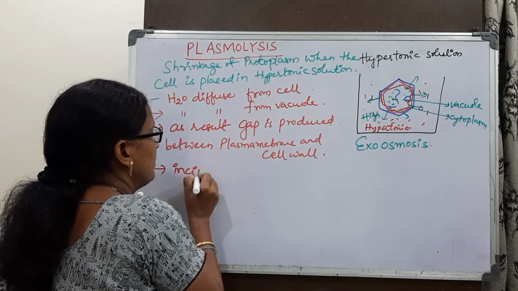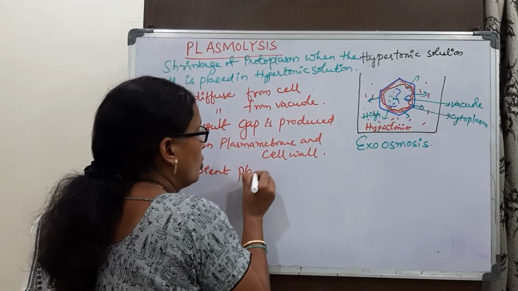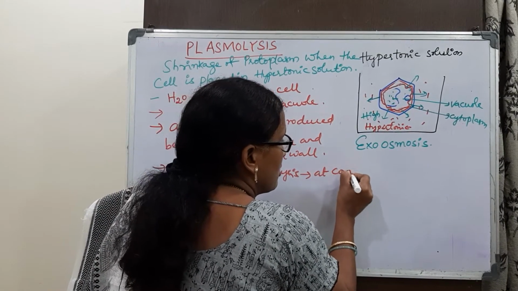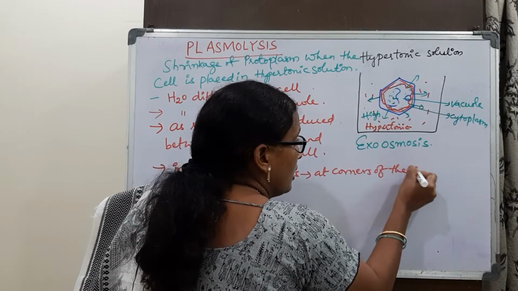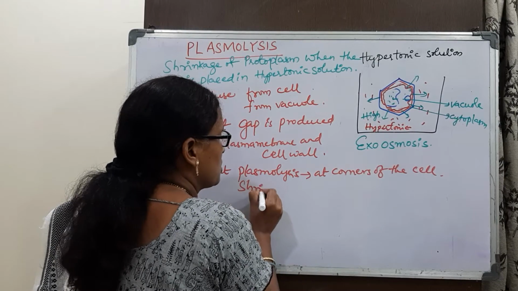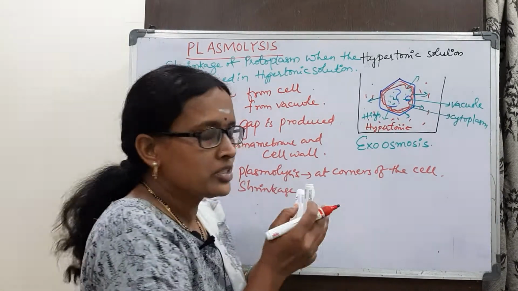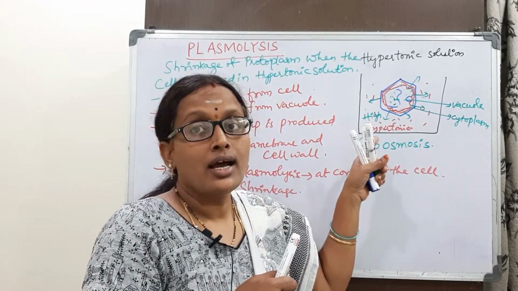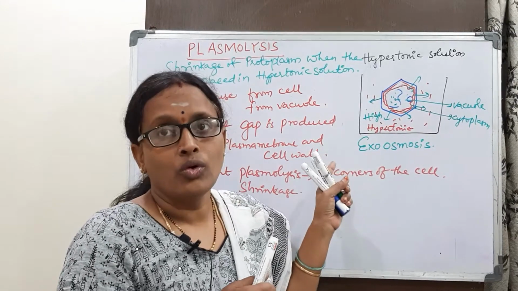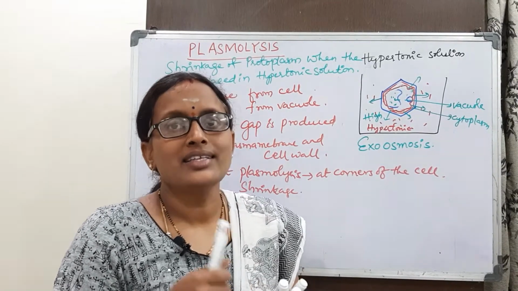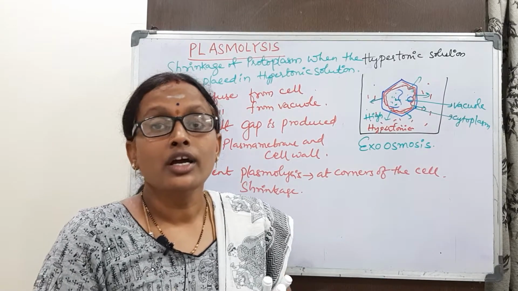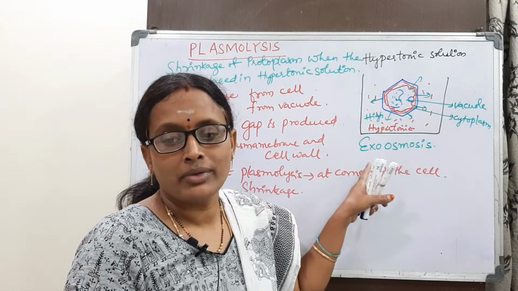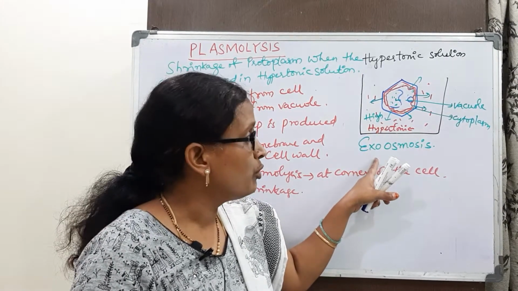Incipient plasmolysis. What happens at the corners of the cell? The shrinkage takes place. So this process is known as plasmolysis. When the plant cell is kept in the hypertonic solution, due to exoosmosis it is losing water.